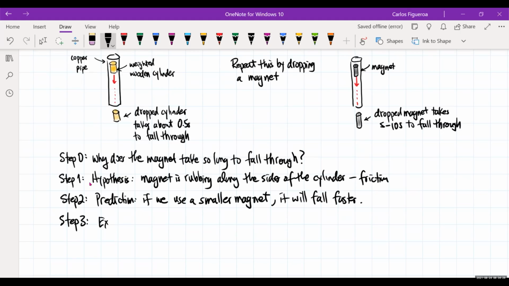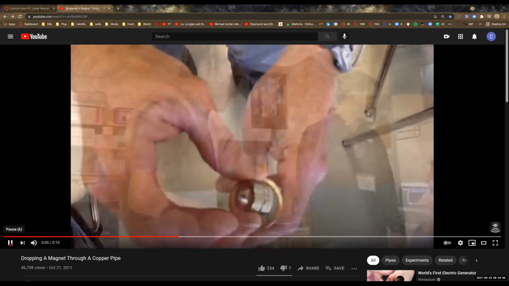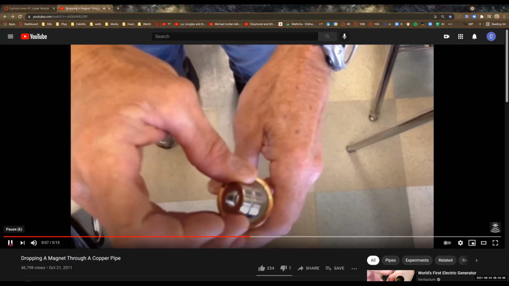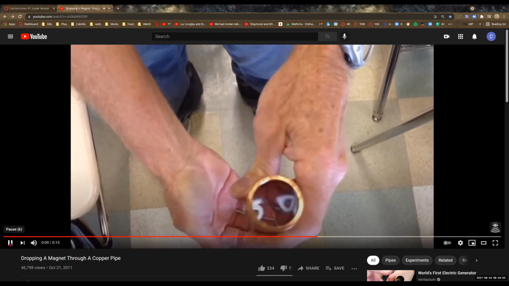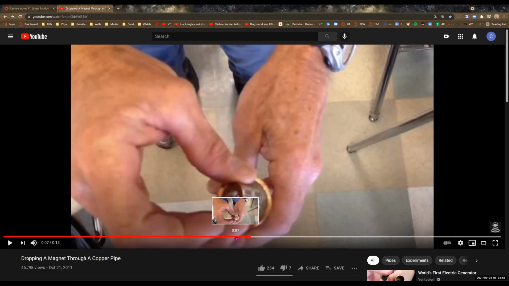Let's go do an experiment. So let's go back to the video. Now we're going to look inside the tube as it's falling. Check it out. And you can see here that the magnet does not touch the sides of the tube.